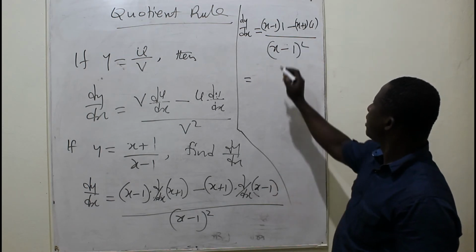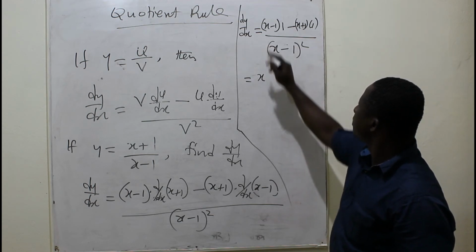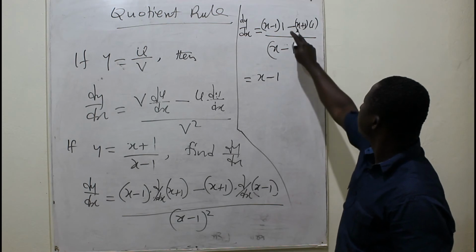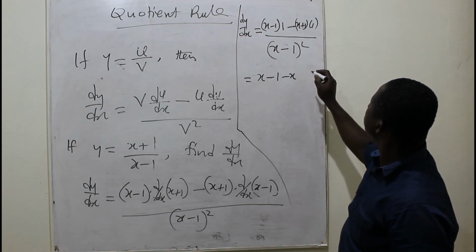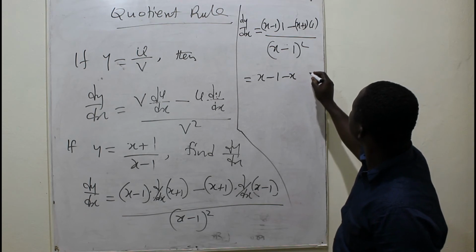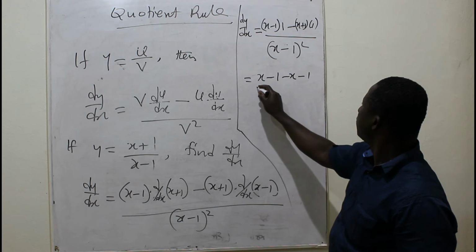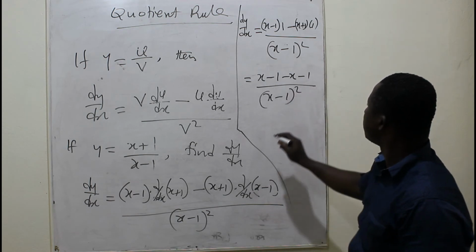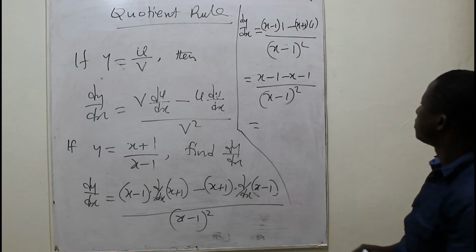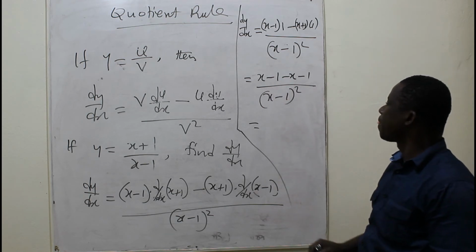Let us now expand: x minus 1, then expand with negative 1 minus x. Then we also have negative 1 also, all over (x minus 1) all squared. And when you simplify, the x's will disappear.